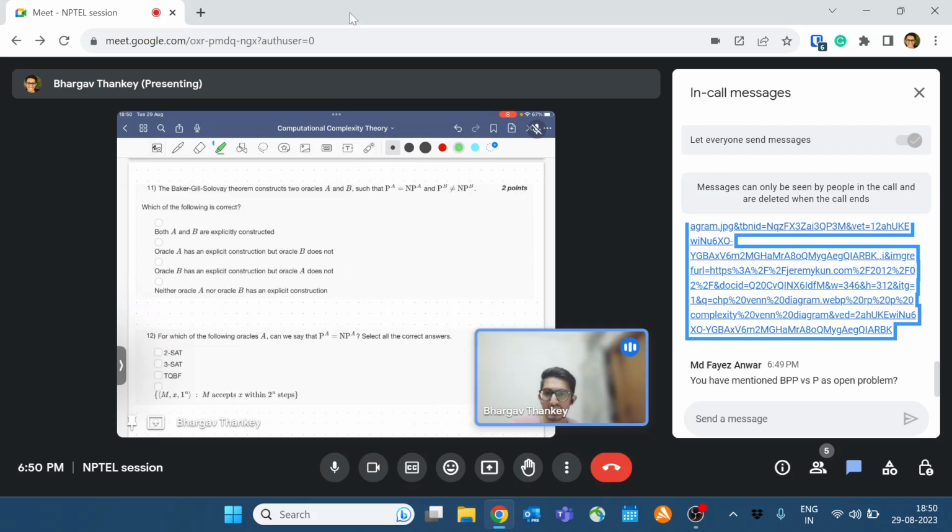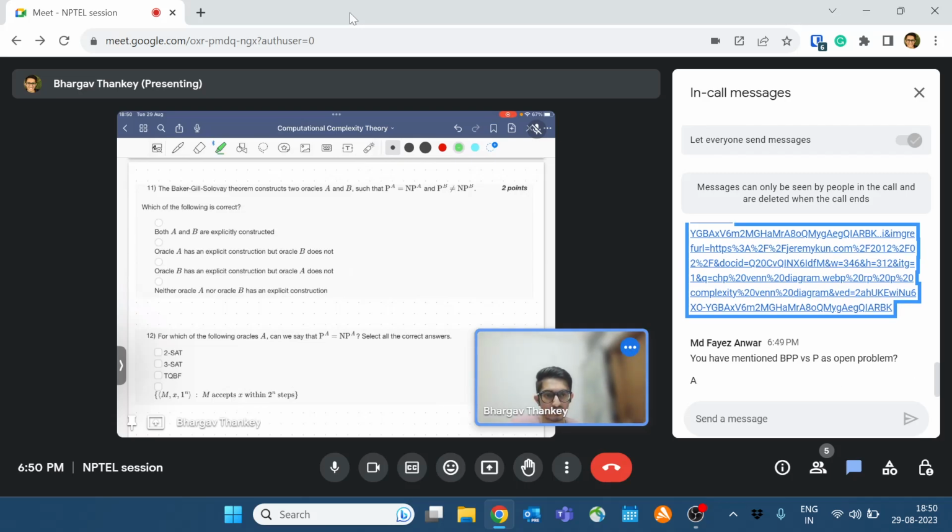Do you remember what A was? Okay, so A is correct. Oracle A was explicitly constructed, but it was just some language from a very large class. You could have taken some language which was PSPACE-complete, and P^A would be equal to NP^A. So A was explicitly constructed, but what about B?